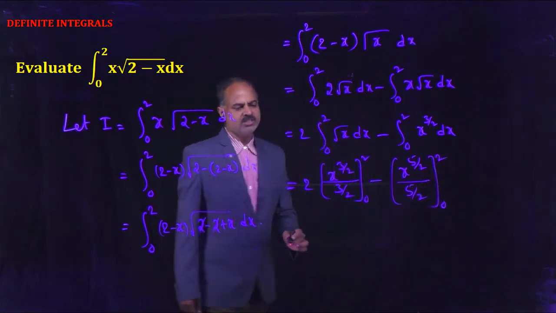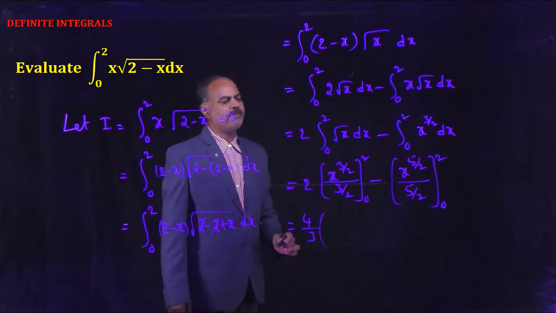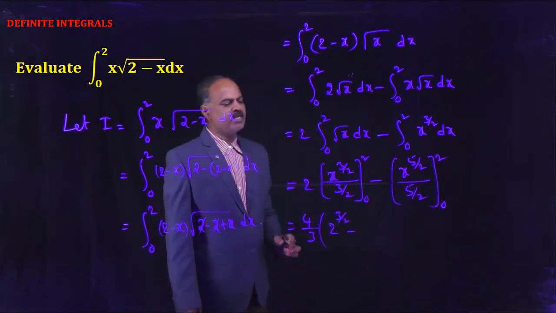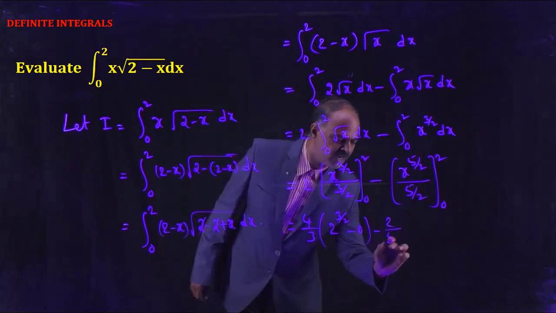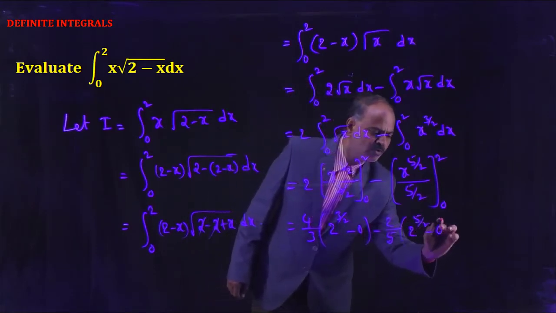So now this is equal to 4 by 3 into substitute the upper limit in place of x, that is 2 power 3 by 2, minus substitute the lower limit, that is 0, minus 2 by 5 into substitute the upper limit, 2 power 5 by 2, minus 0.